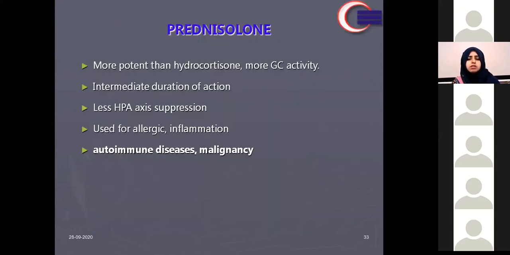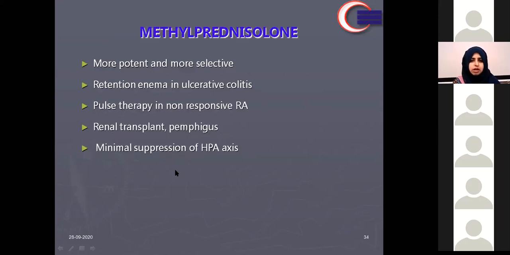Okay. So what are the drugs that come under corticosteroids? Apart from hydrocortisone, we have prednisolone. It is more potent than hydrocortisone, but it has a lesser potential to cause HPA axis suppression, that is hypothalamic-pituitary axis suppression. So it is used for allergic reactions, inflammation, autoimmune diseases, and many others.